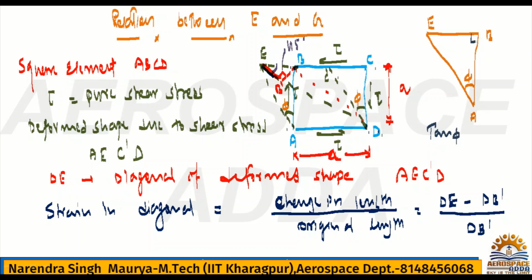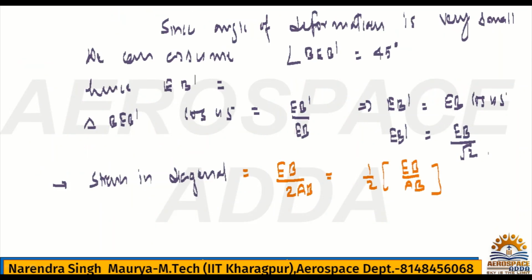Because this is the perpendicular, tan phi is nothing but EB divided by AB. So EB by AB is nothing but tan phi. Now you can keep here EB by AB is nothing but 1 by, in bracket you can write tan.